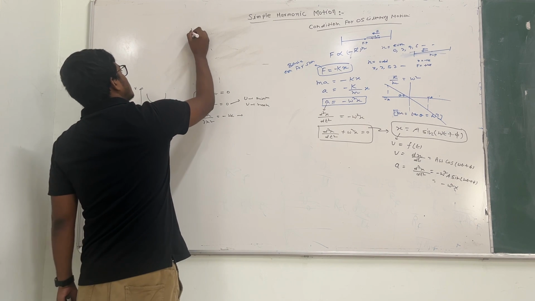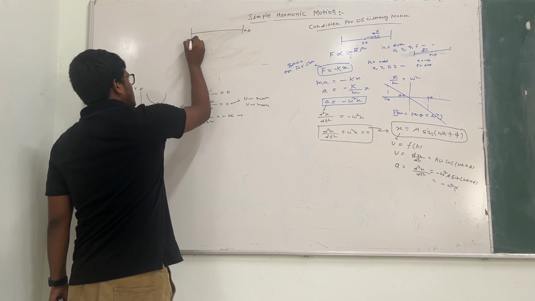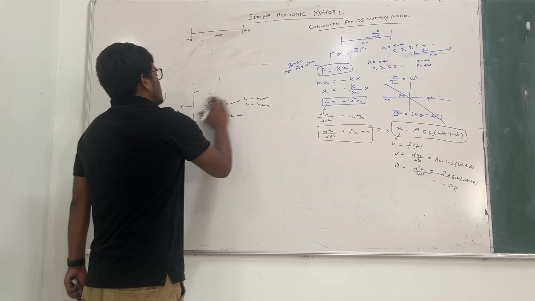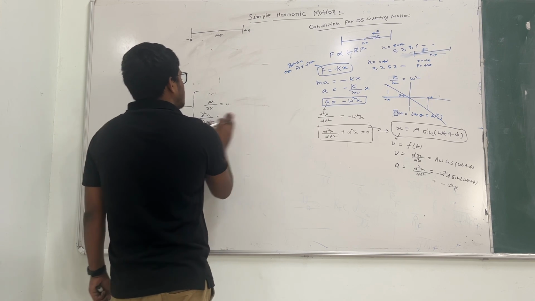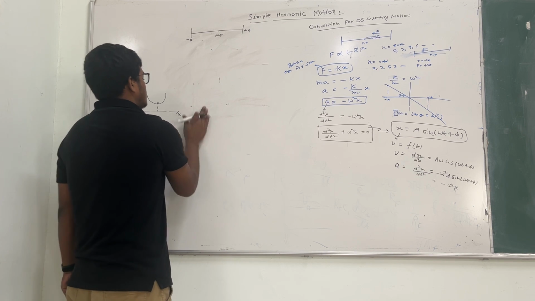Suppose we have some kind of oscillatory motion or simple harmonic motion between plus and minus, and this is the mean position. So our first aim is to illustrate the dynamics. Then we are going to proceed further.